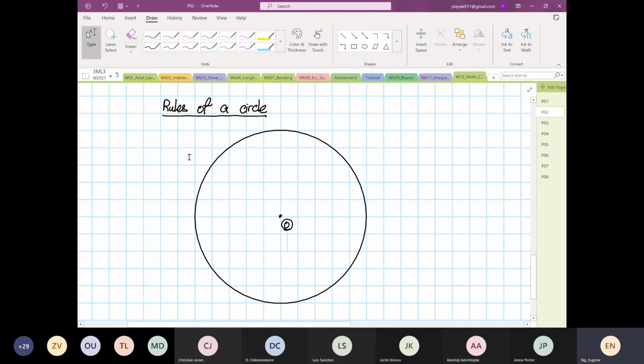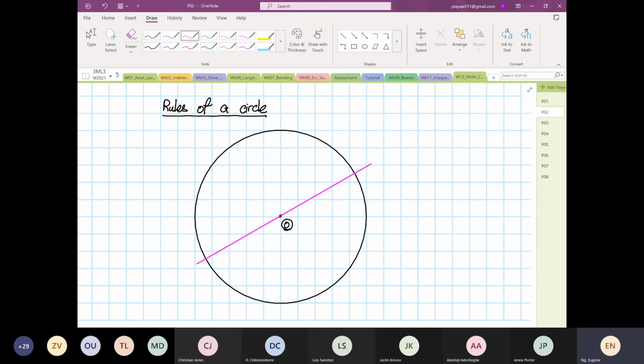Then we are going to draw a line. This line will intersect the center of the circle into any point over here. Then we are going to pick a point. You can pick any point that you want, it does not matter.